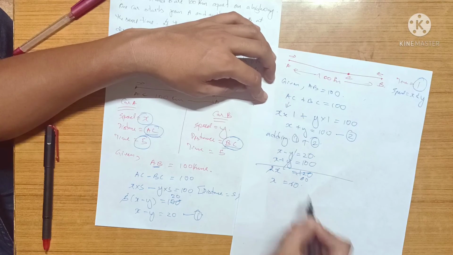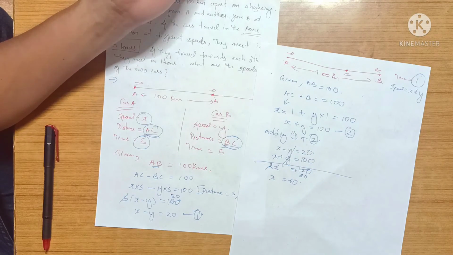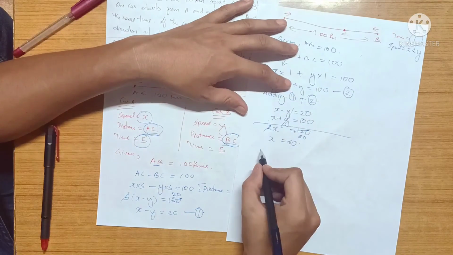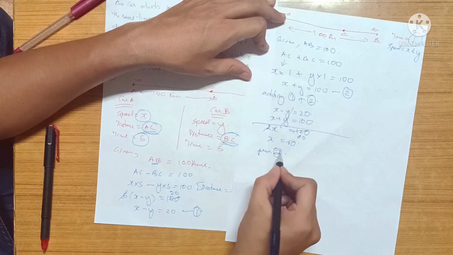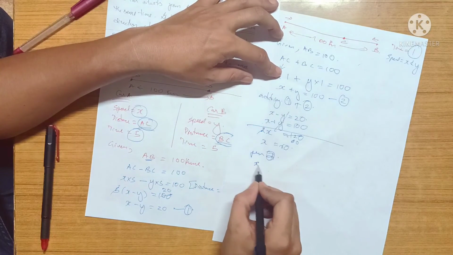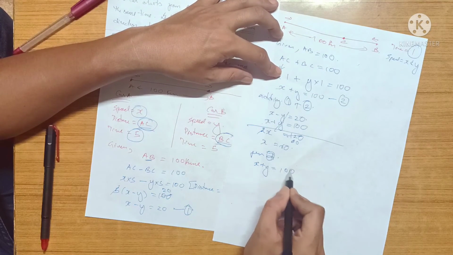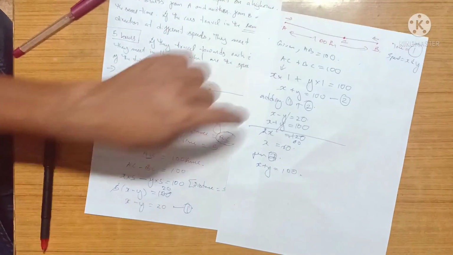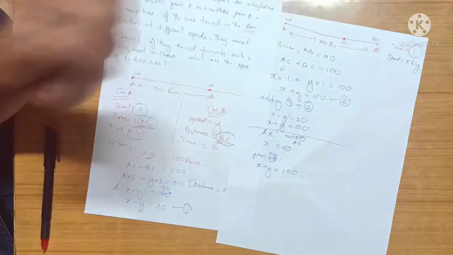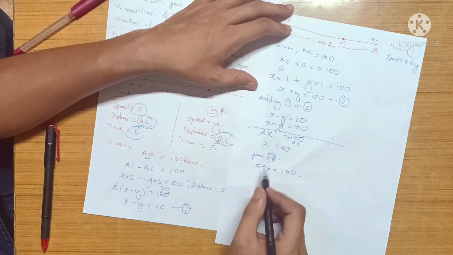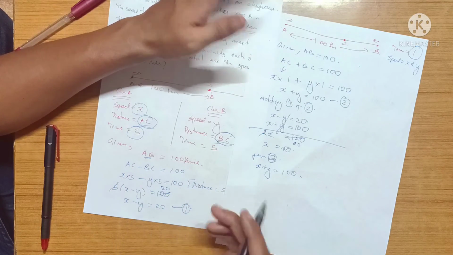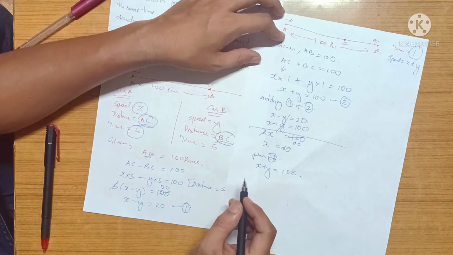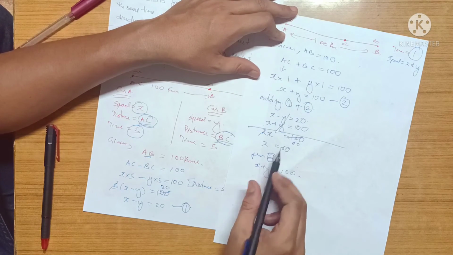If addition is confusing you, you don't have to add. Just subtract it. You'll get the same answer. Don't worry. So from equation 1 or 2 maybe, I'll put it in 2. Negative signs make things error prone, I guess.